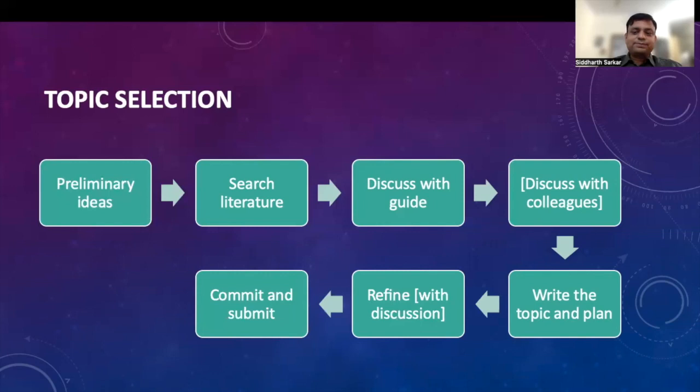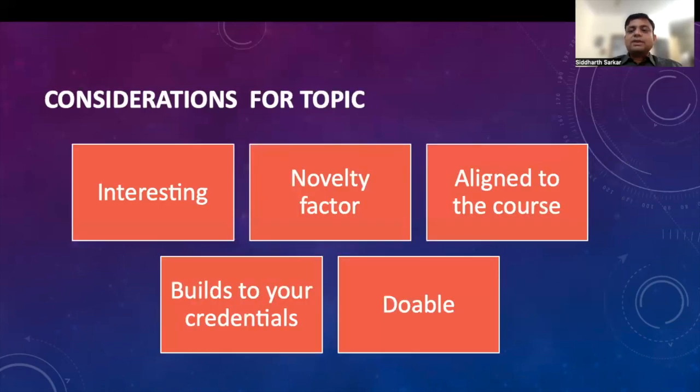the program. Now, what are the different considerations for a topic? The topic should be interesting. It should be something that holds your interest and the interest of others who are going to read your research. It should be something that is not very basic.